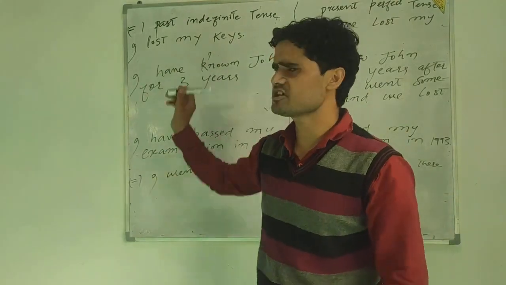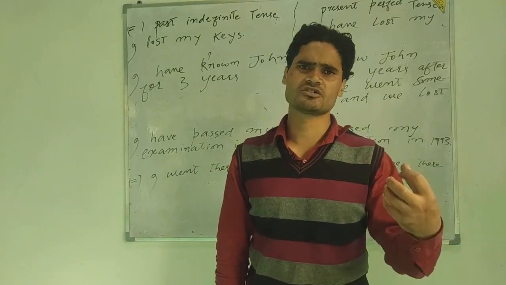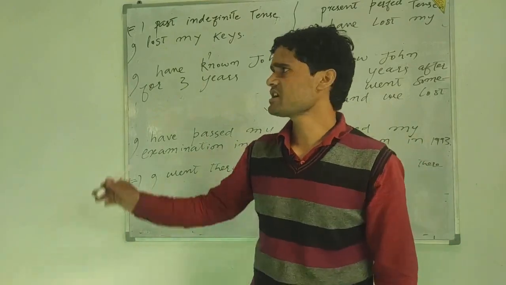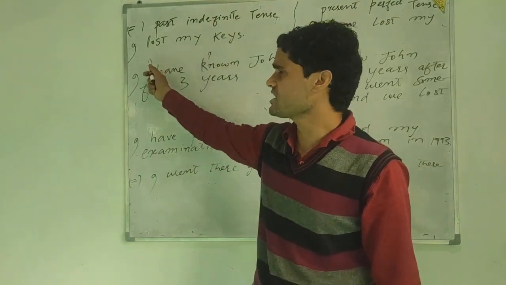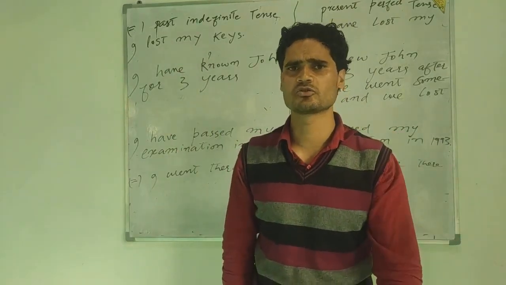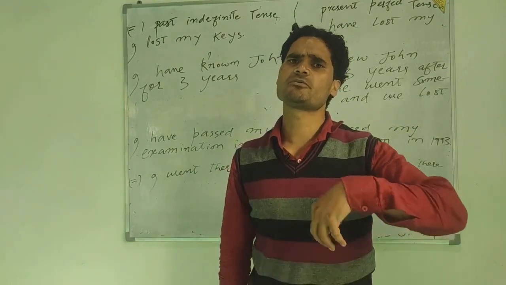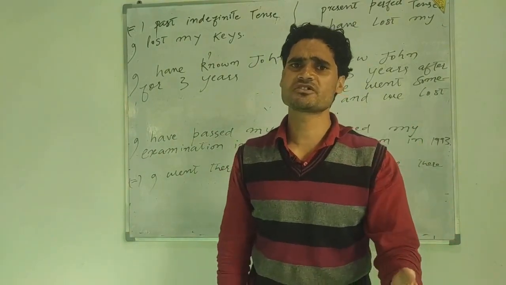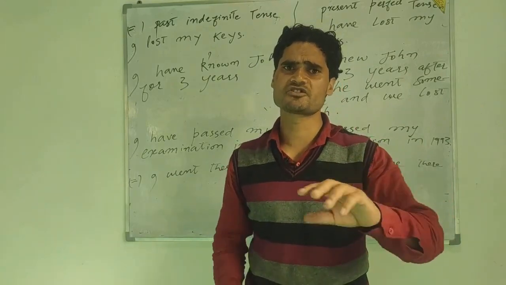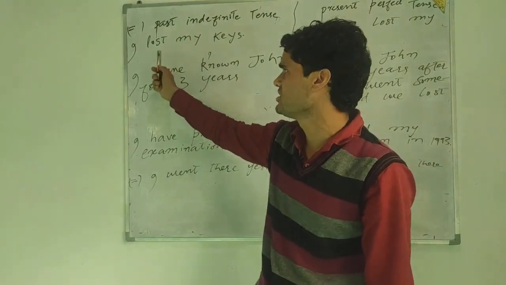I lost my keys just indicates that the action is finished, it has ended. It cannot refer to whether I have found those keys. There may be an instance that I might have found them, but it is not certain.